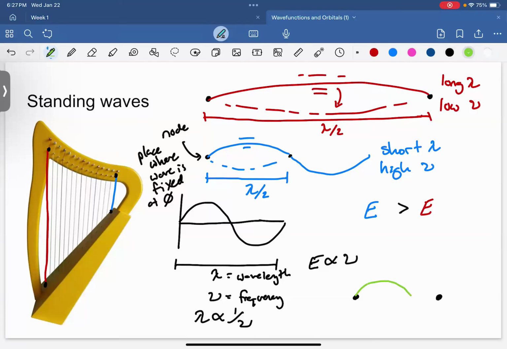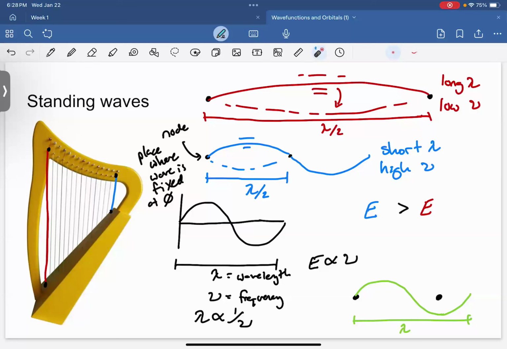If I had a wave with this wavelength, it is not compatible with the distance between this node and this node, because that would mean my string is not fixed here. It's not at 0, and so it would be unattached on my actual harp.